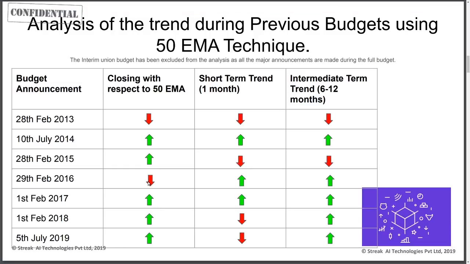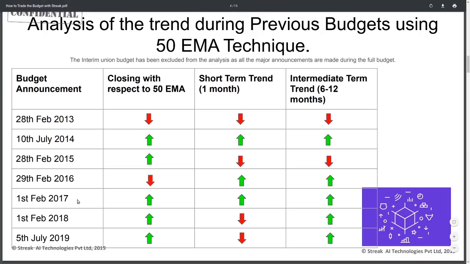the day closing price was below the 50-day exponential moving average, but the short-term trend of 1 month was bullish and the intermediate term also was bullish. Same analysis for 2017, bullish and bullish for both short-term and intermediate.